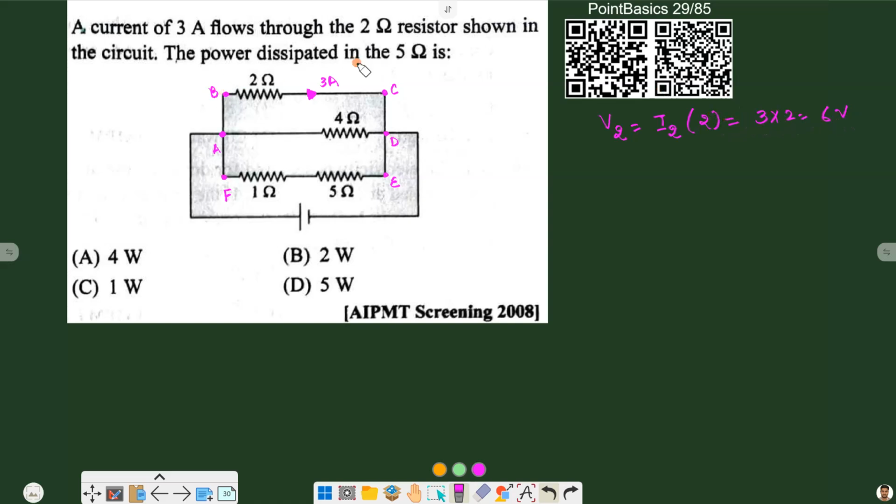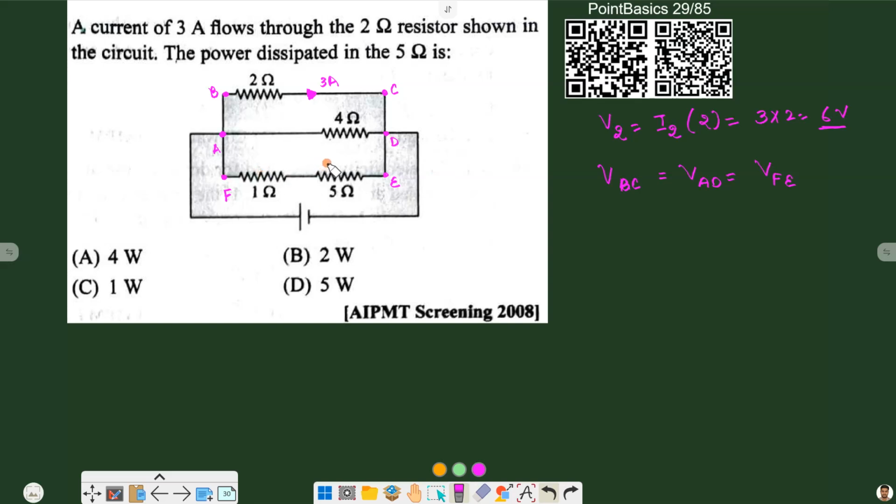So between B and C there is a potential drop of 6 volts. As this whole circuit is in parallel, VBC is equal to the potential across A and D, and is equal to the potential across F and E. So the potential across F and E is also 6 volts.